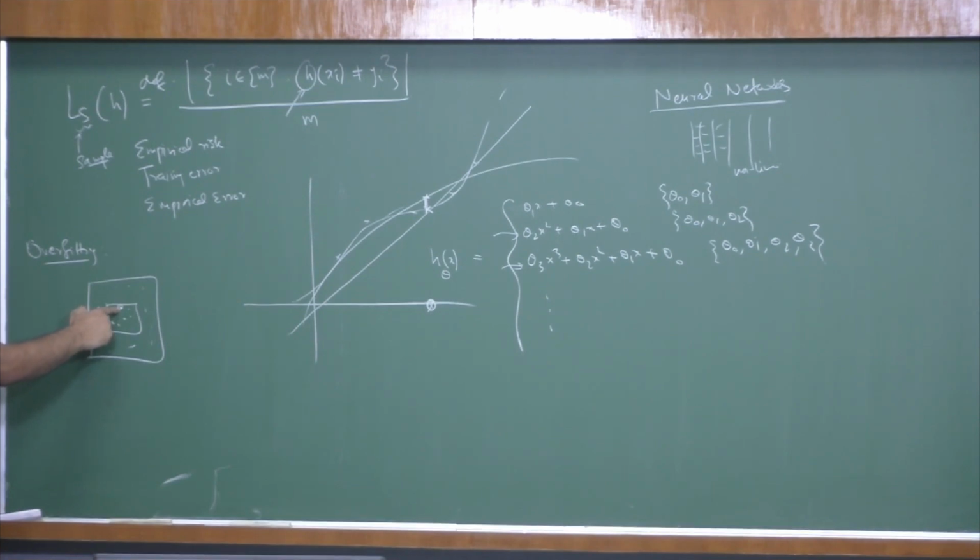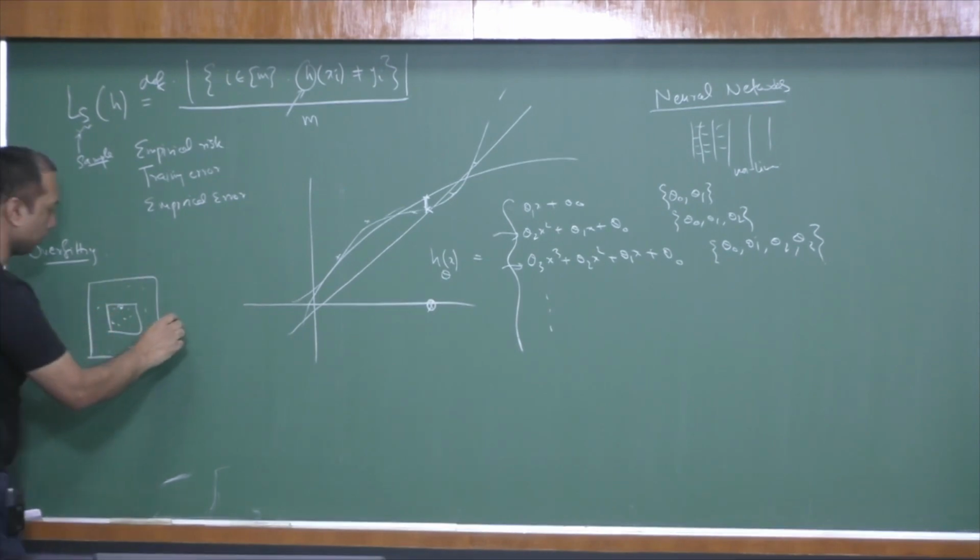It will say 50% inside, 50% outside. Otherwise it always says 0. So the probability depends on 50-50 whether it's inside or outside.